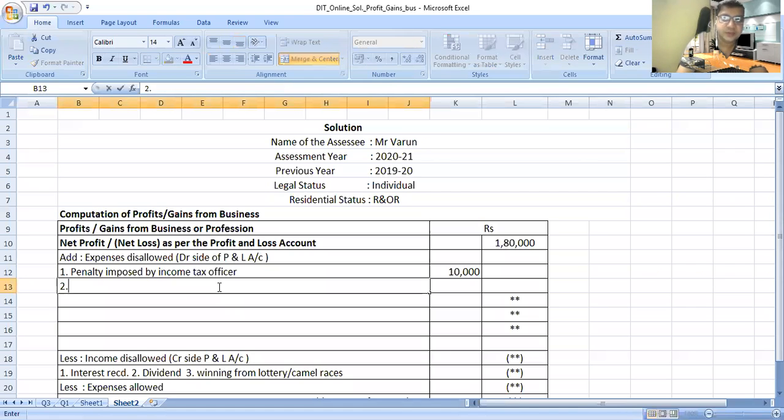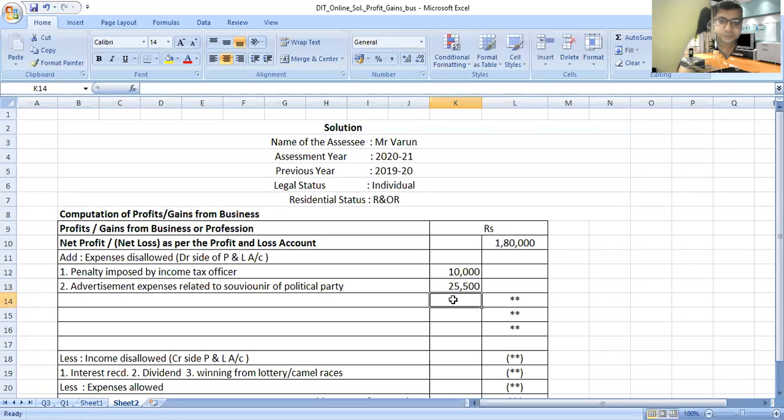So we will write here advertisement expenses related to souvenir of political party, amount 25,500.